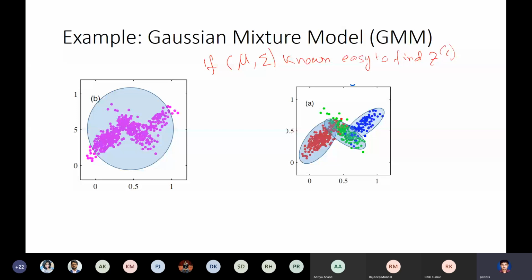Similarly, if for a point xi, zeta is known, it is easy to estimate mu and sigma. How? See, I have a bunch of points x1, x2, xn, I have a set of points, and for every point I know what their z is.